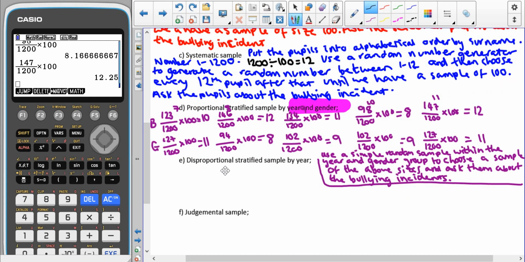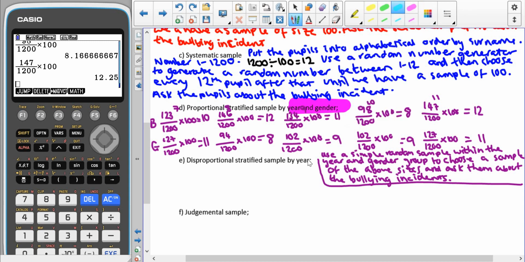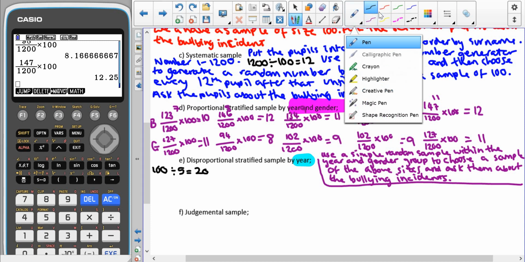For a disproportional stratified sample, this time we're only doing it between the year groups. So we're no longer splitting it by gender as well, we're just looking at the year groups. So because there are 5 year groups, we're going to have 100, because that's what our sample size is, divided by the 5 year groups, which means that we want 20 from each year group.